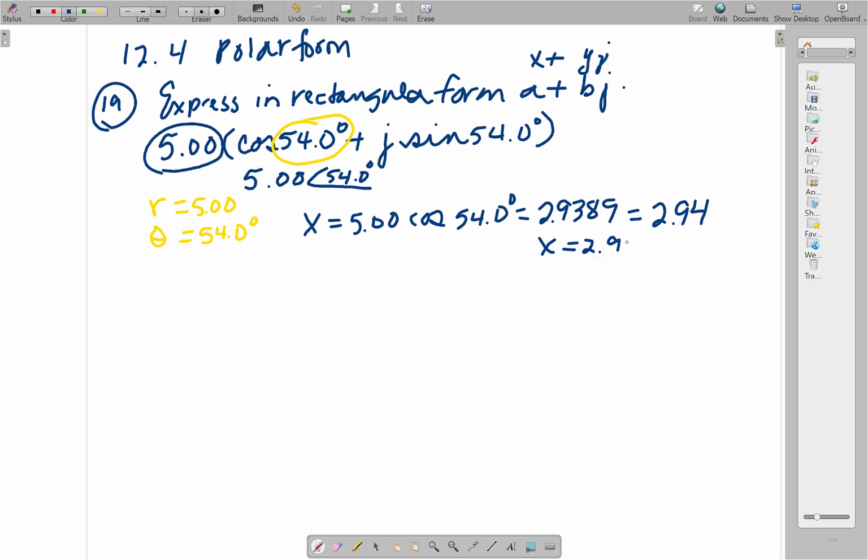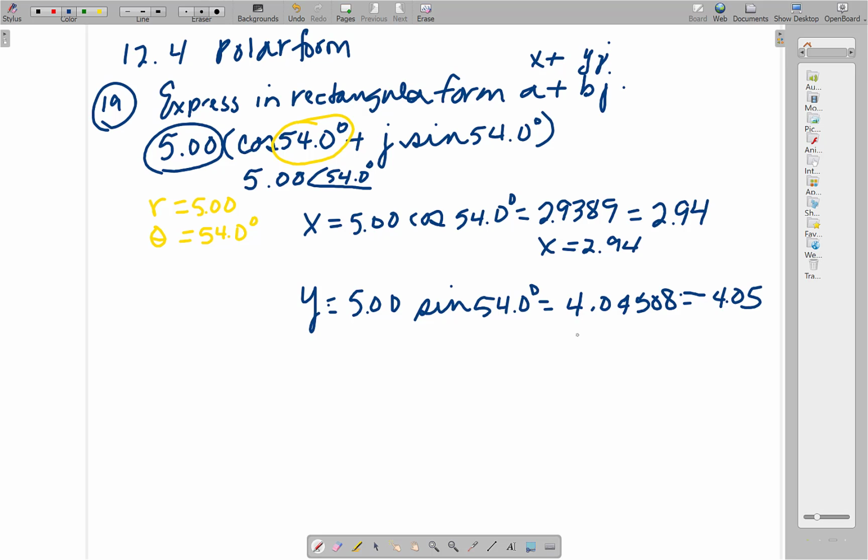And then y is equal to 5.00 times the sine of 54.0 degrees, which equals 4.04508. Again, we carry it out to the hundredths, so y equals 4.05.